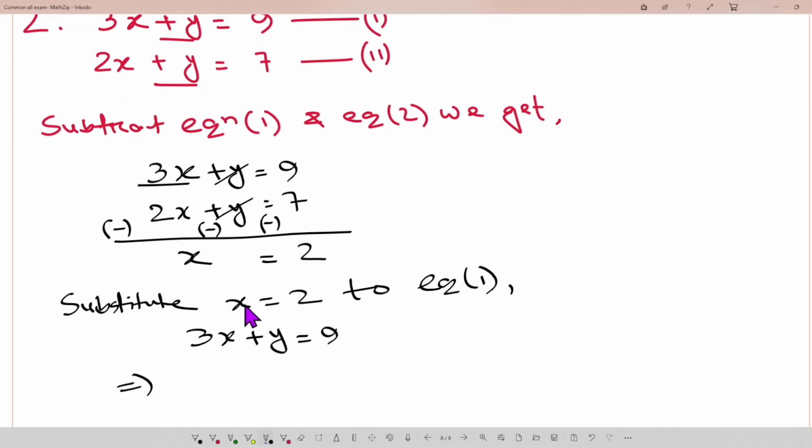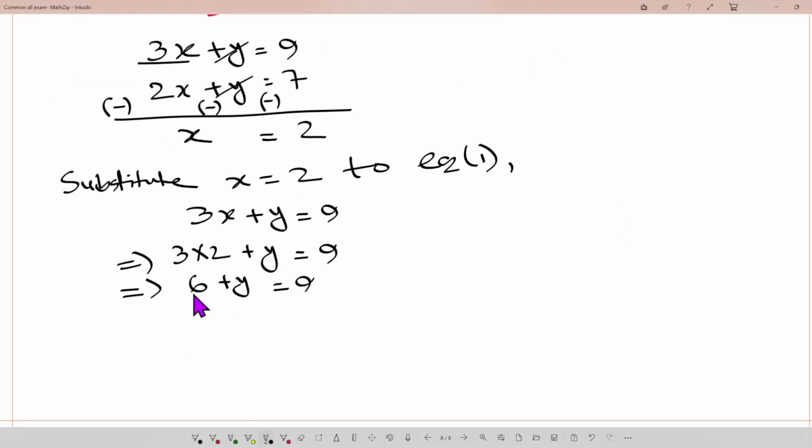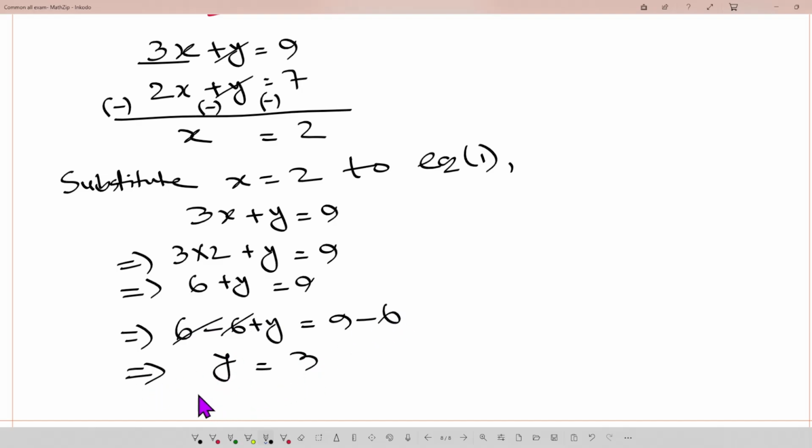Now we already have x equals 2, so 3 times 2 plus y equals 9. So 3 times 2 is 6, plus y equals 9. Now we subtract 6 from both sides: 6 minus 6 plus y equals 9 minus 6. 6 minus 6 cancels out, that means y equals 9 minus 6, which is 3, and this is our answer.